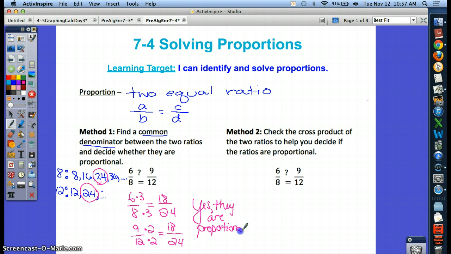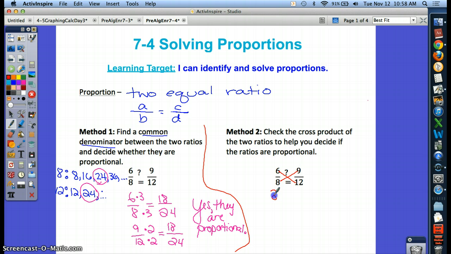Your other method then would be finding the cross product. And a lot of you may have already heard of this method. One way to find out if a ratio is proportional to or is equal to another ratio, or if these two make a proportion, would be just to cross multiply. So you only cross multiply when there's an equal sign in the center. Let's clarify that.